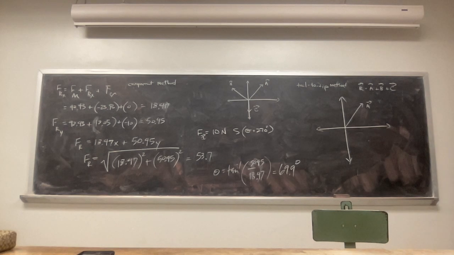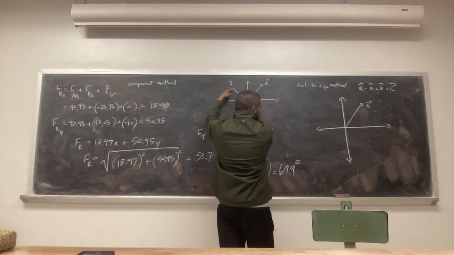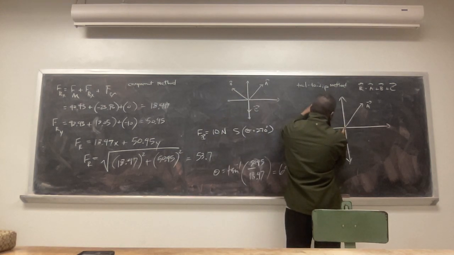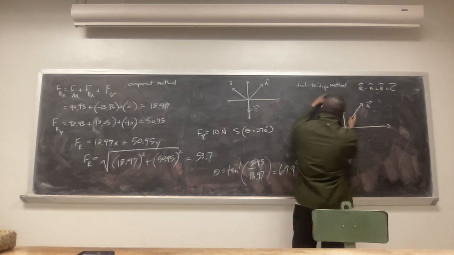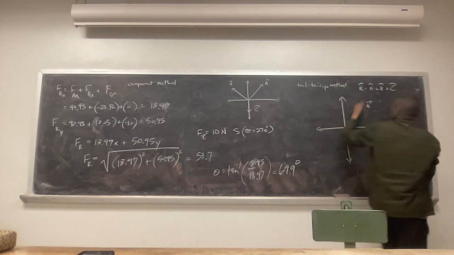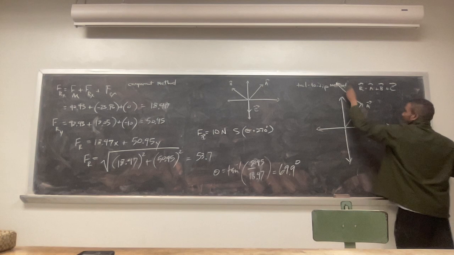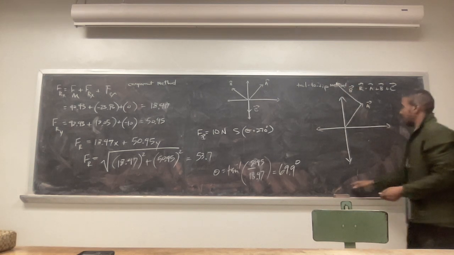So that's my first vector, A. Now I connect the tail of B to the tip of A. So here is B, it would be right here. Did y'all see that? And that's B.